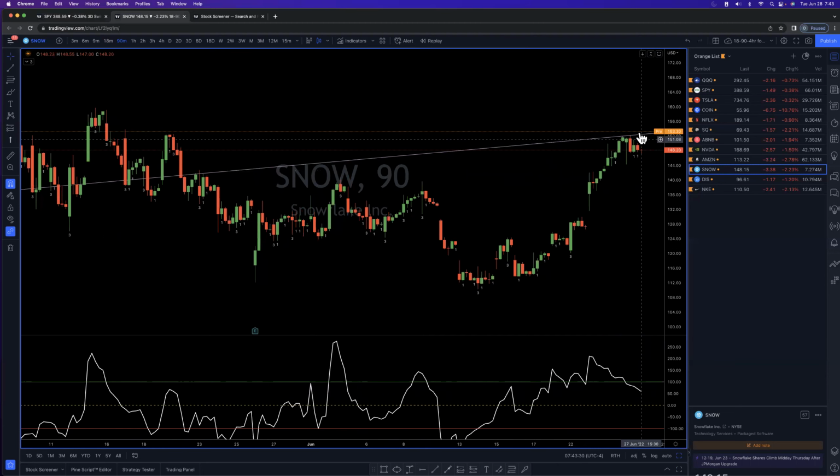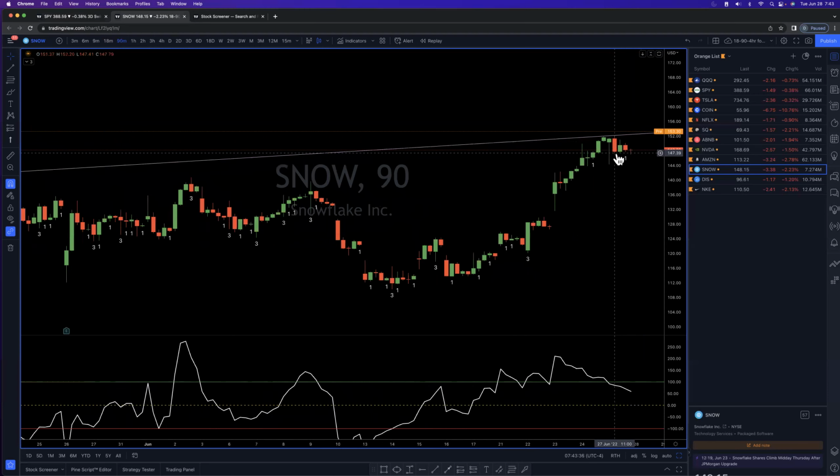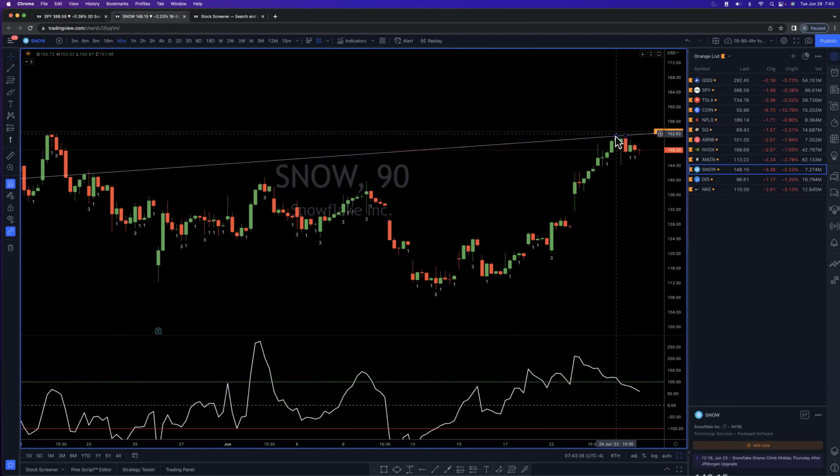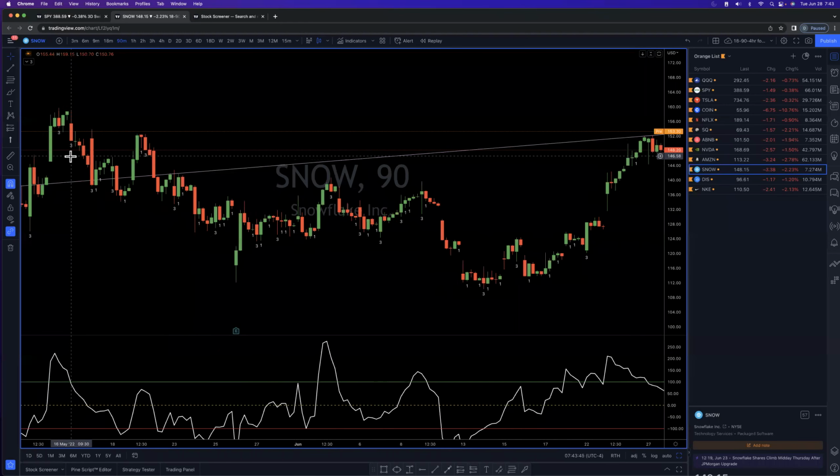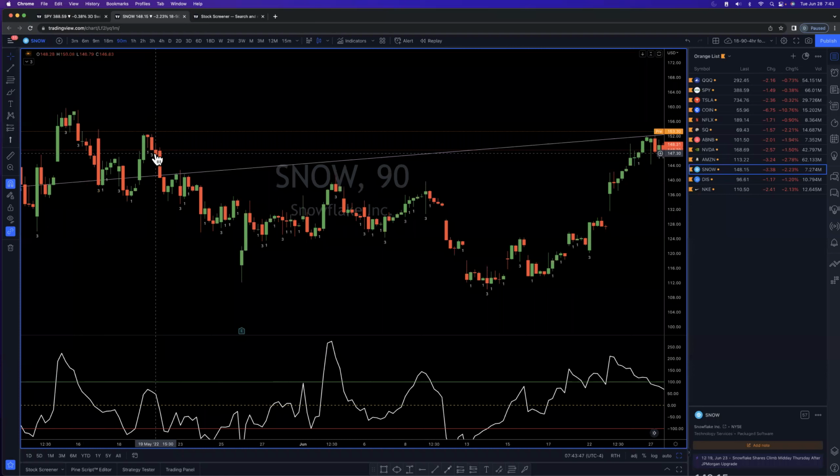So price trades above this range, yesterday's high. So we're going to take the high of the day to the next high in this candle. Let's see what that is. 152.20. The next highest low in this range. 152.20.